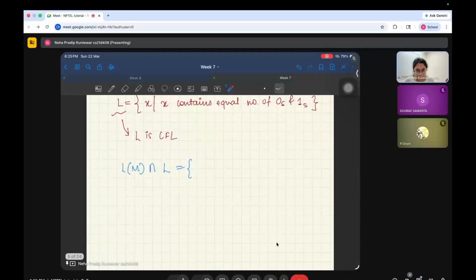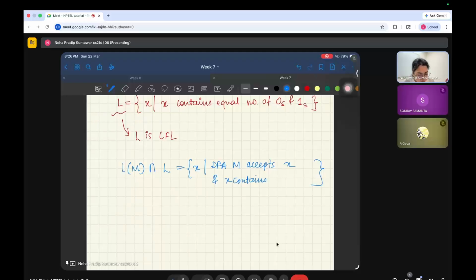So this is the set of all x such that x is in L of M, that is, DFA M accepts x, and x contains an equal number of zeros and ones.